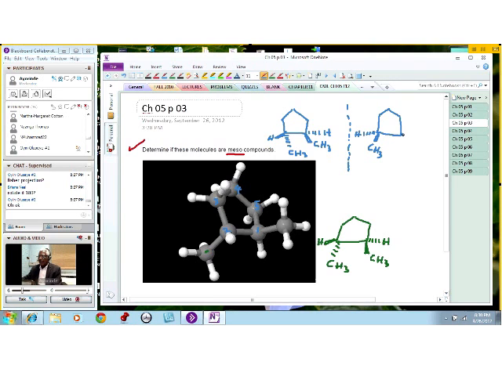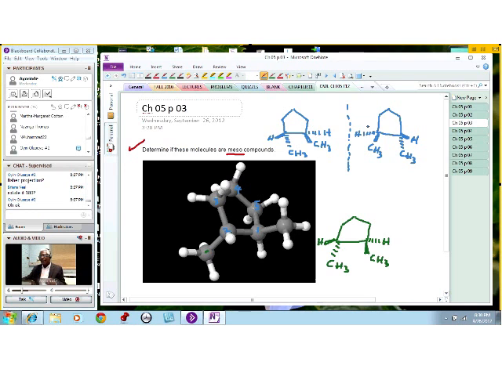The hydrogen is coming at us, and the methyl is going away from us. Okay. So these are the 2 mirror images.